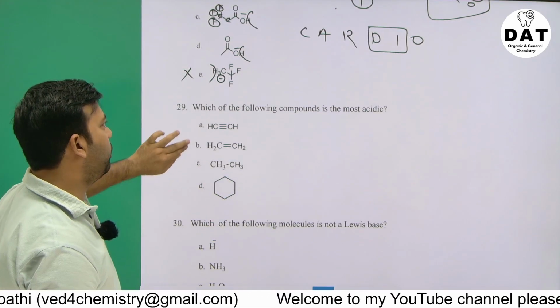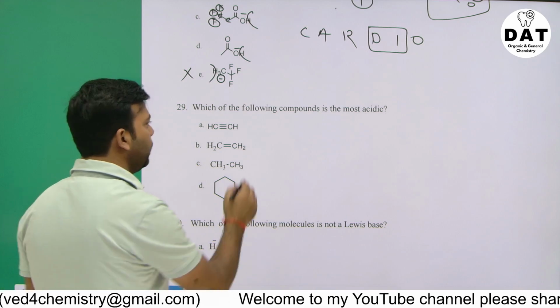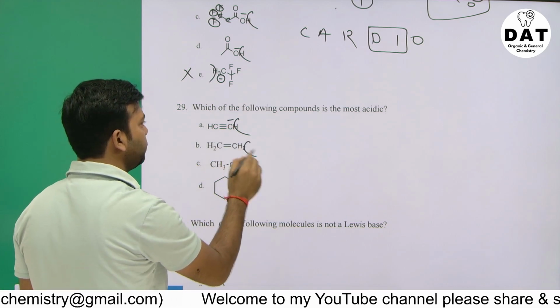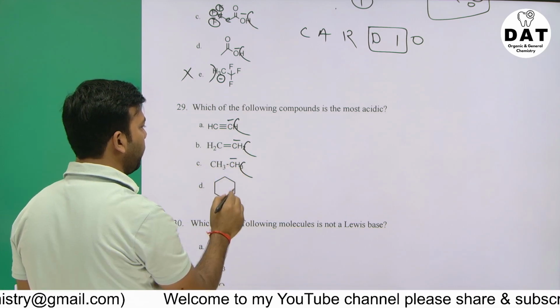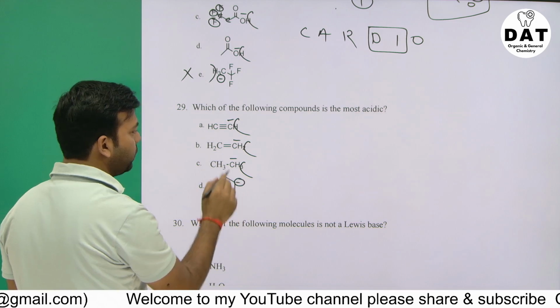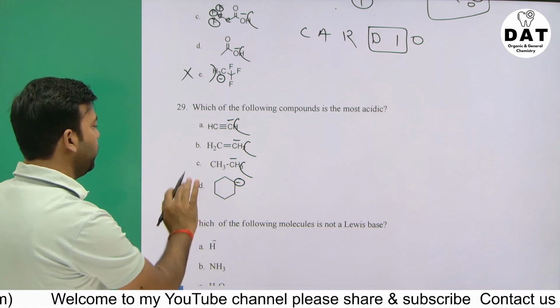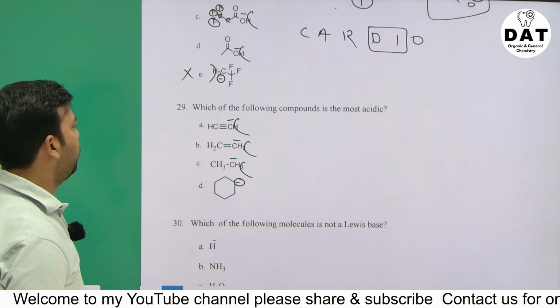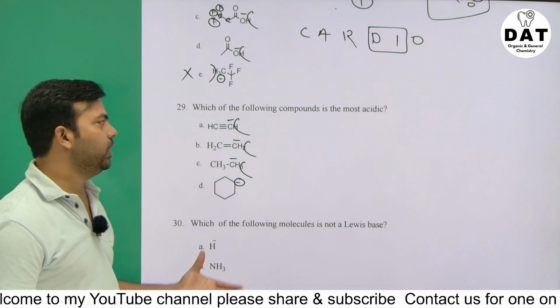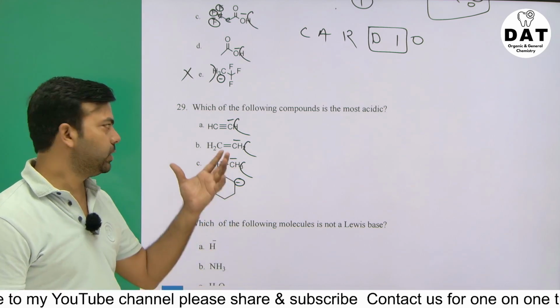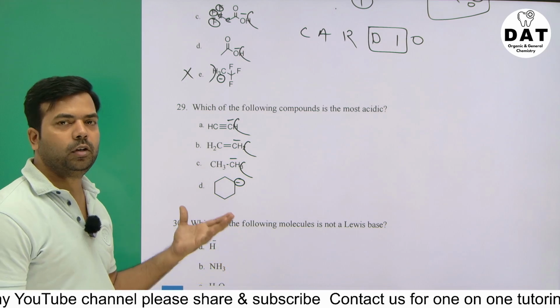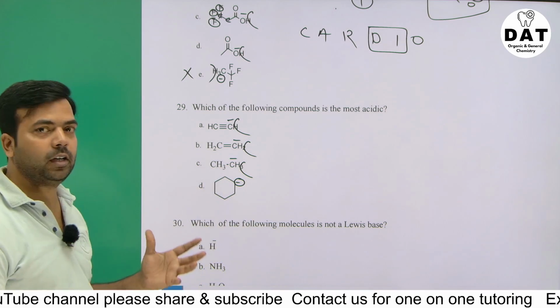Which of the following compounds is most acidic? Again, we will eliminate the hydrogen. Here any hydrogen, so both are symmetrical. In D, every carbon atom is the same. So again there is no resonance, everyone is charged, everyone is a carbon atom. So dipole induction is not the deciding factor.